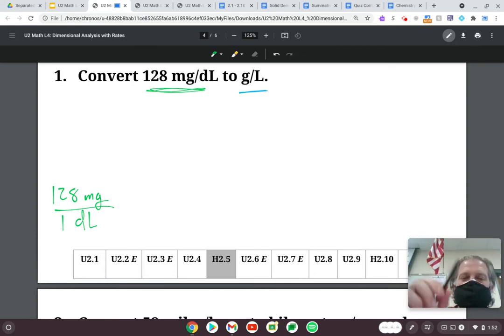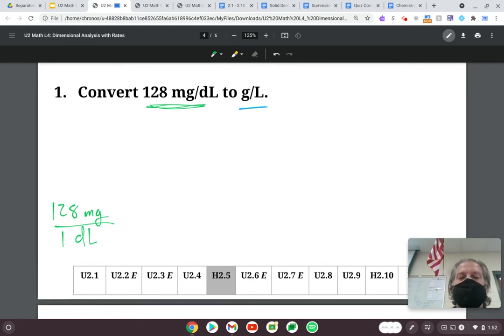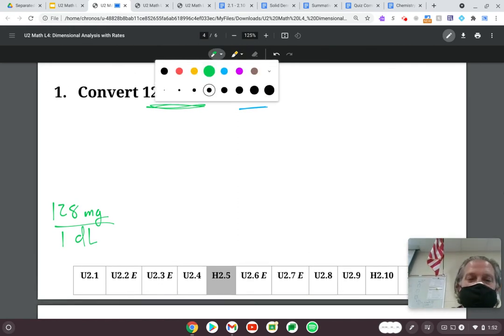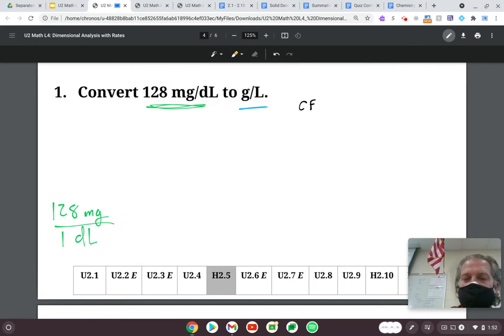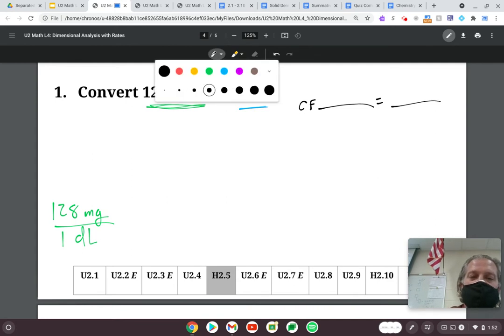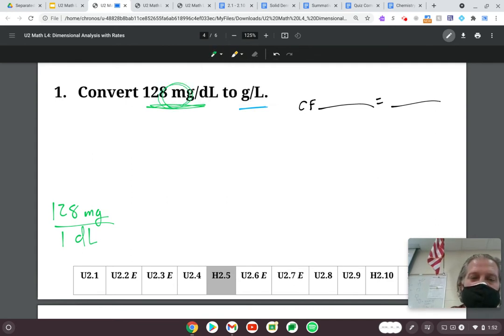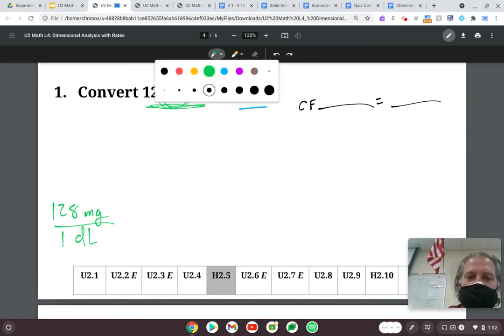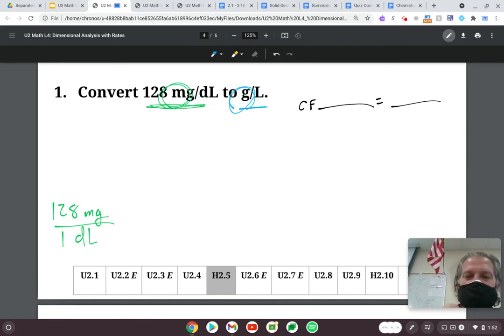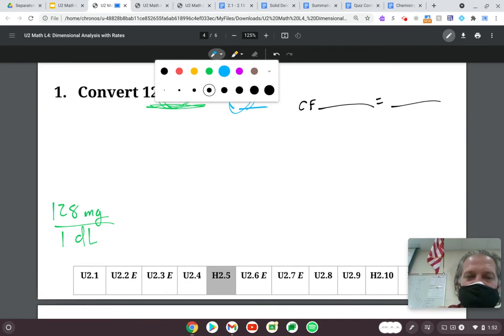And then just like we did in the last couple of lessons, we have to set up our conversion factors. So we're going to have a conversion factor between milligrams and grams. What we're really looking at here is the thing that makes them the same or similar.